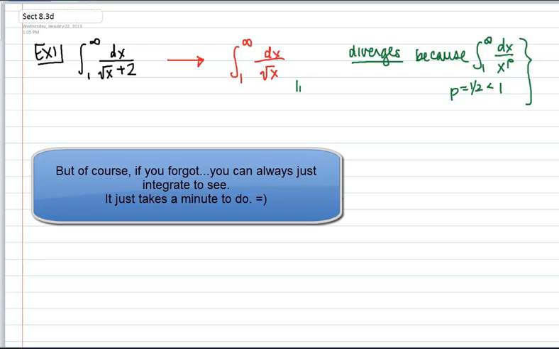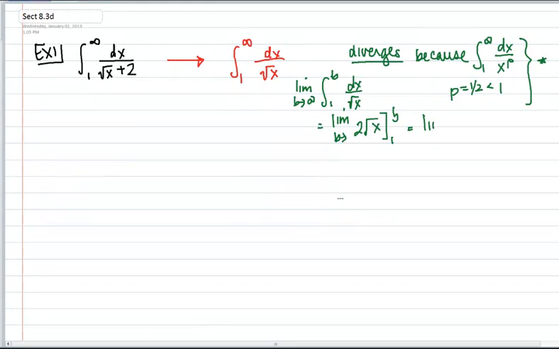You could have calculated the limit as b approaches infinity of the integral from 1 to b of dx over square root of x, and worked it out this way. And then you'll find this. Okay, and as b goes to infinity, this part of it goes to infinity, which diverges. So I know that this diverges, so I'm going to hope that this function is the smaller function, f.